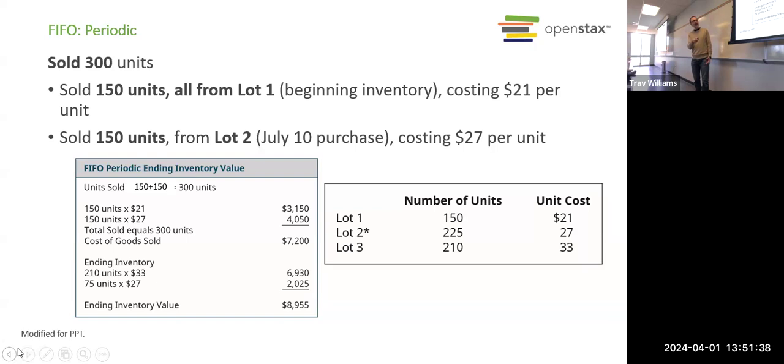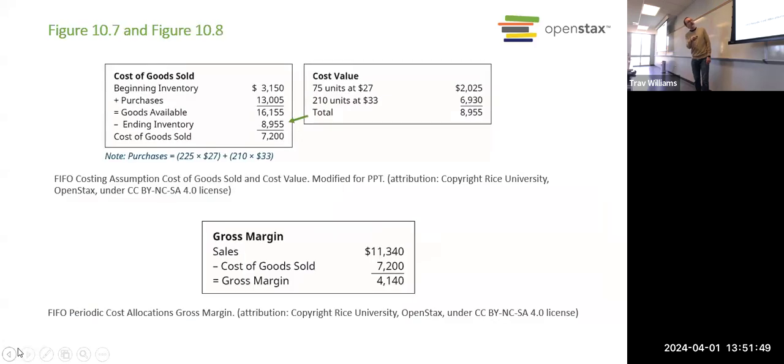So the ending inventory would be 75 units at $27 and all 210 at $33, which we can see right here. 75 times 27, 210 times 33. That gives us our total cost of our ending inventory.